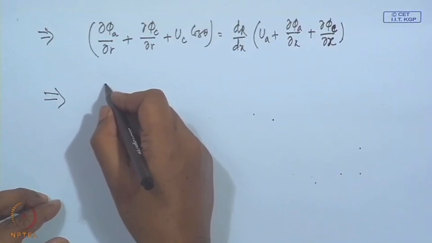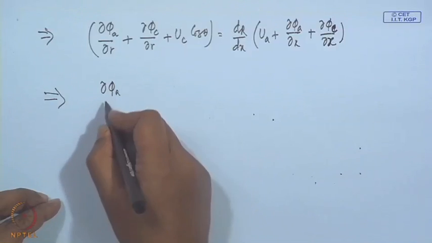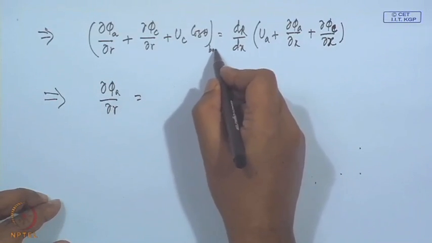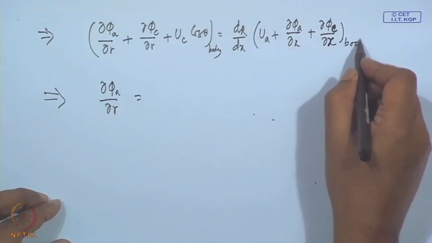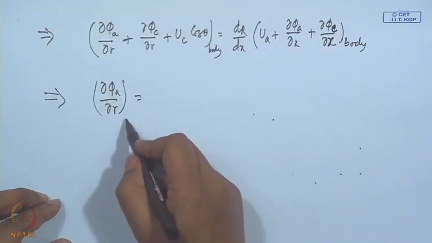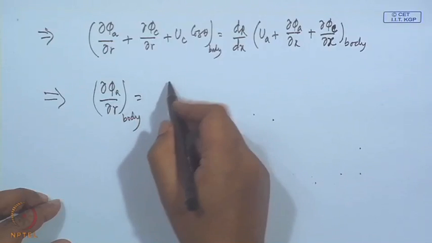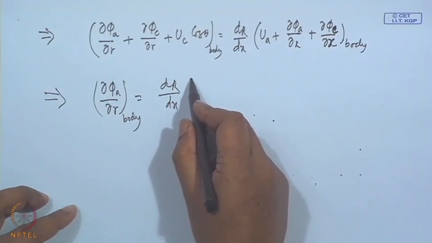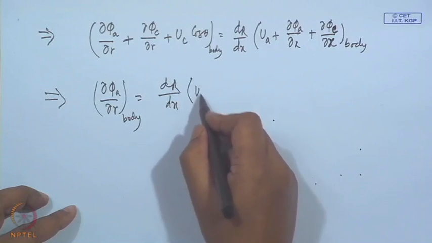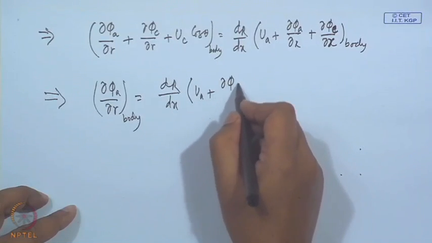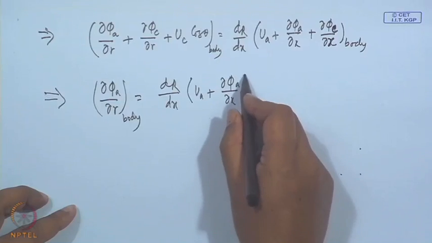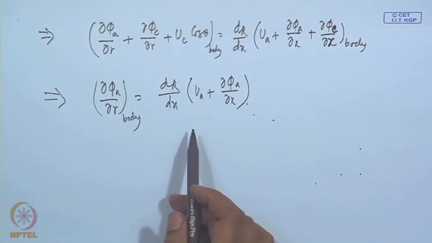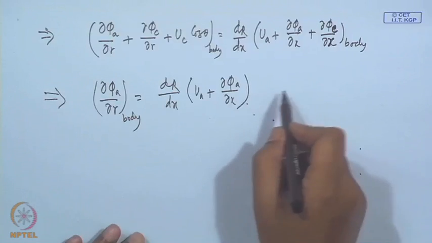We have d phi a dr from the body is dr dx into u a plus. See that this contains only phi a, that is only the axial flow. So, this is for the axial flow.